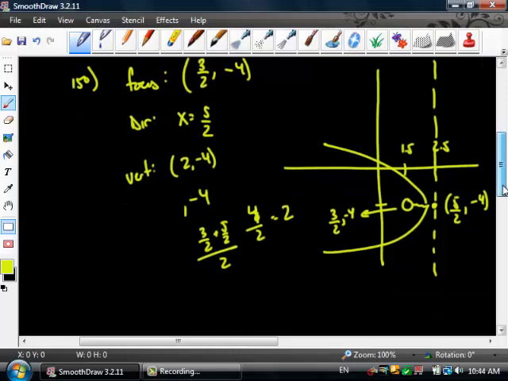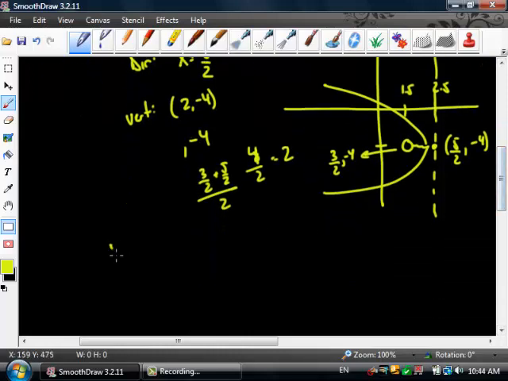Since this is a left-facing parabola, it's going to be x equals negative a, and then y plus 4 squared plus 2. Now I need to figure out a. Well, the distance between my vertex, which is 2, and 1.5 is 1/2.